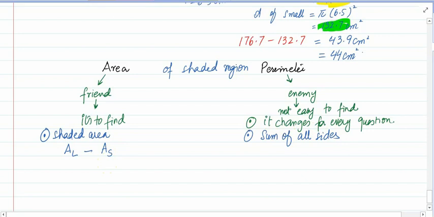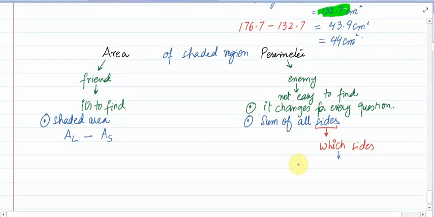sides. Now the second question comes from this point. Sir, you are saying the sum of all sides, okay, but the question arises: which sides? And the answer to this question is sides of the shaded boundary, or you can say sides of the shaded region.